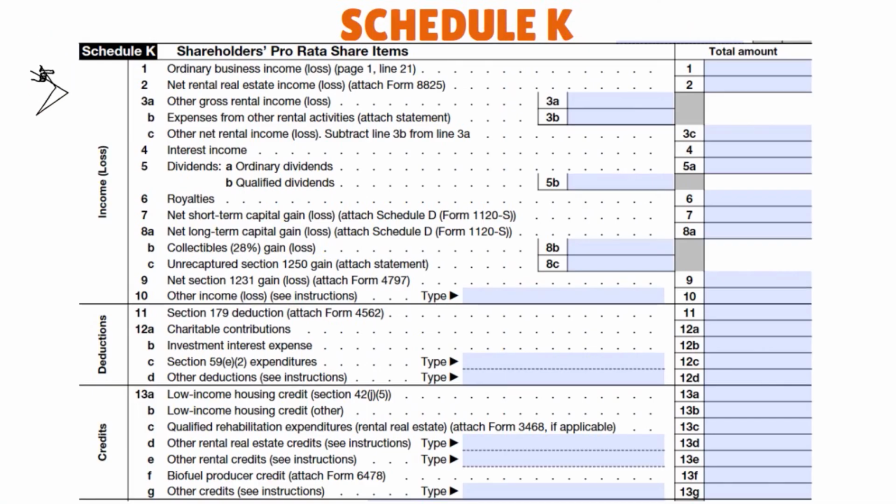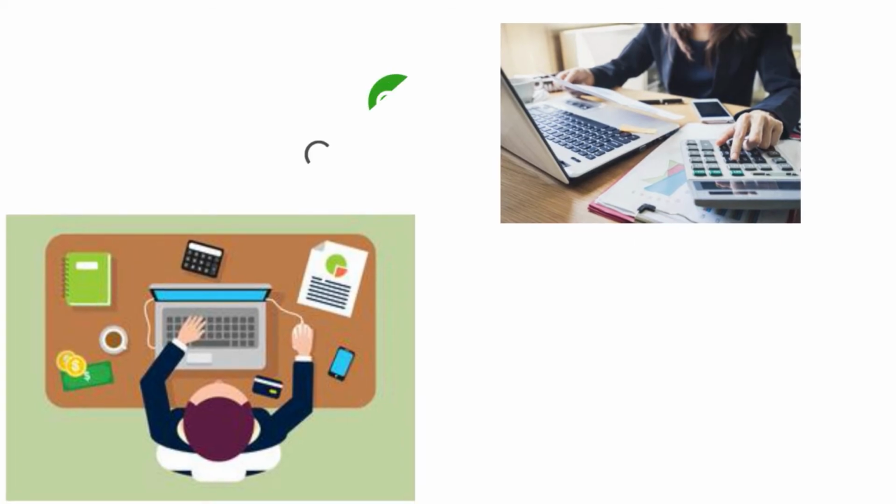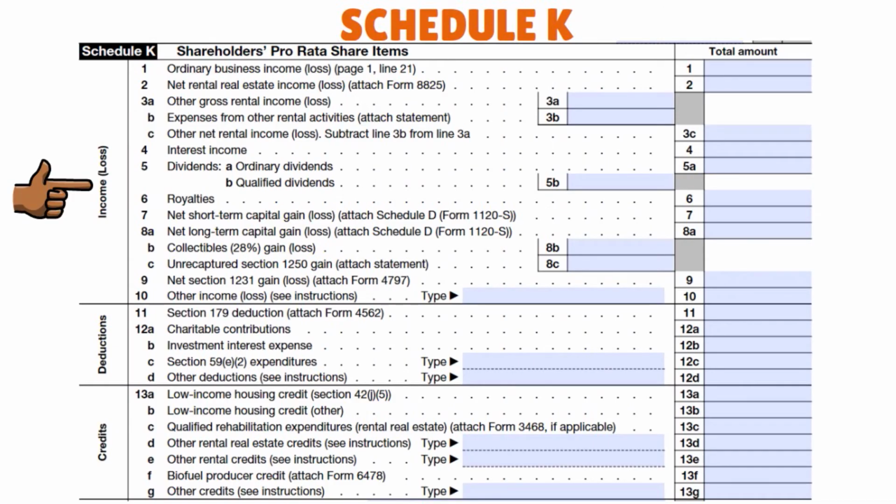The first part, the income or loss section, can actually be taken straight from the accounting software. If you use QuickBooks, for example, the information can be populated automatically. So you have income and loss, lines 1 through 10, and then the deductions part. The section 179 deduction is very important. If you file that, you need to attach Form 4562.